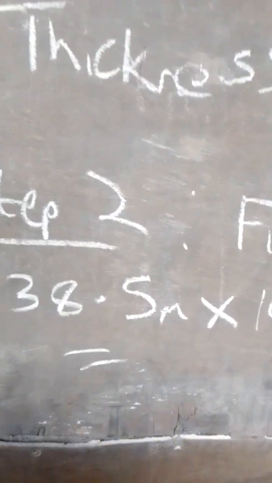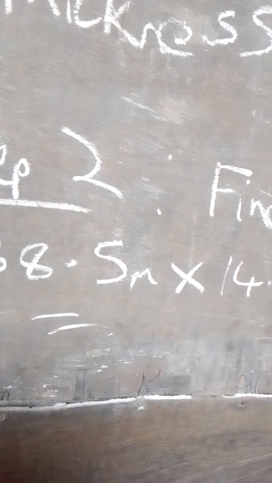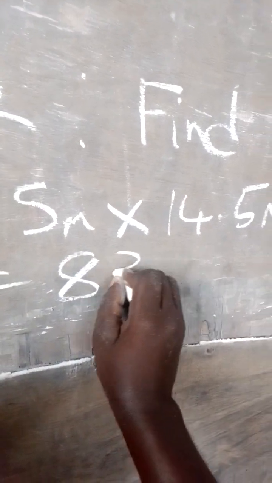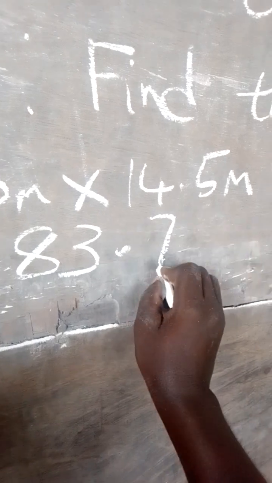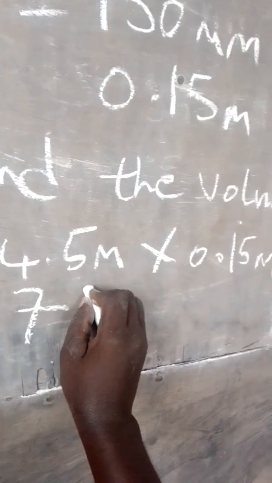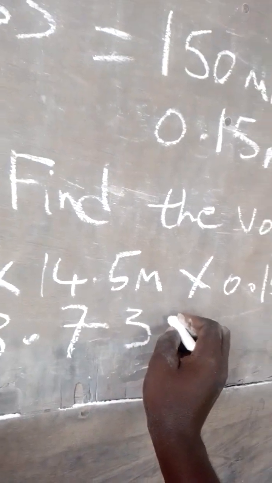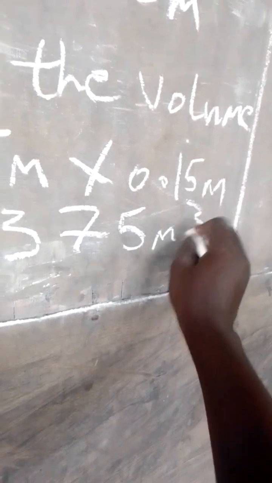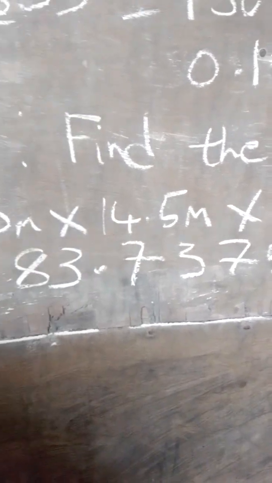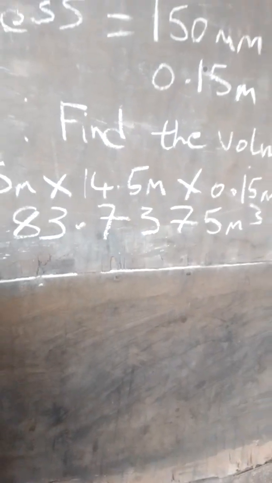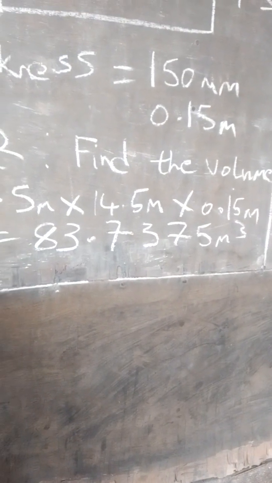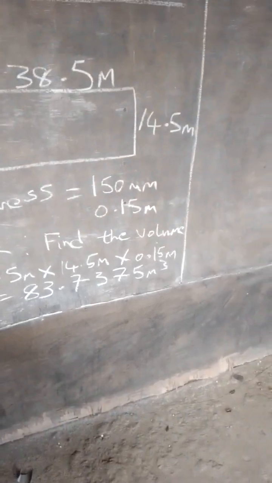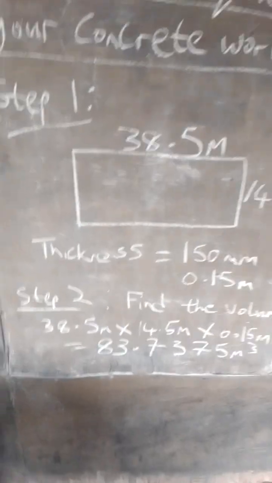If you check it with your calculator, you'll be getting 83.7375 meter cube. That's the volume. We have done the second step.